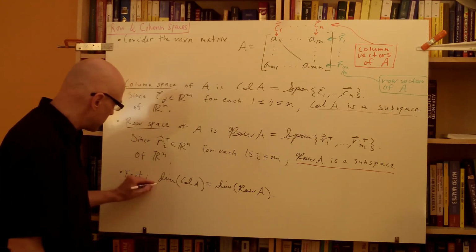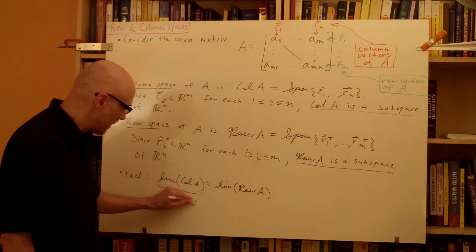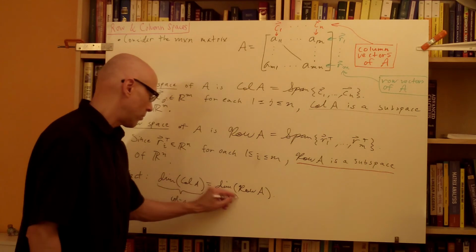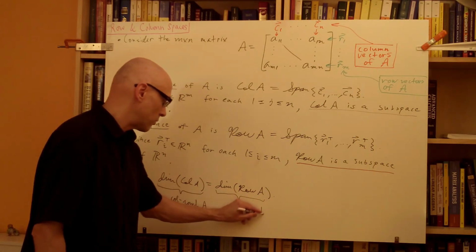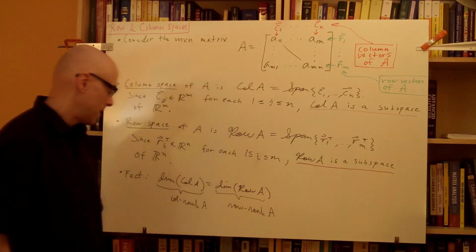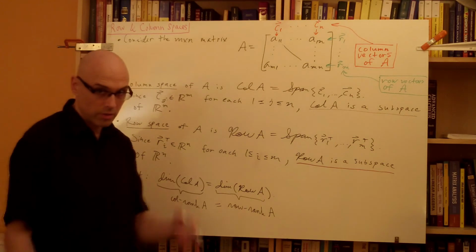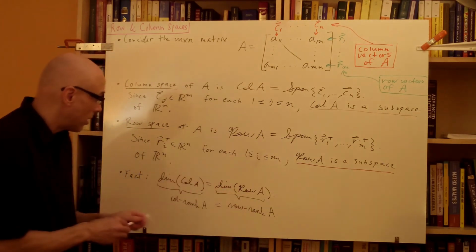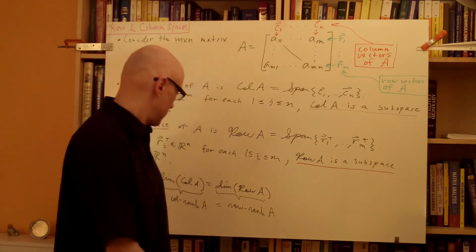The dimension of the column space of A is sometimes called the column rank of A, and the dimension of the row space of A could be referred to as the row rank of A. So, since they're always equal, the column rank and the row rank of a matrix A are always the same number, we then just refer to the rank of the matrix.